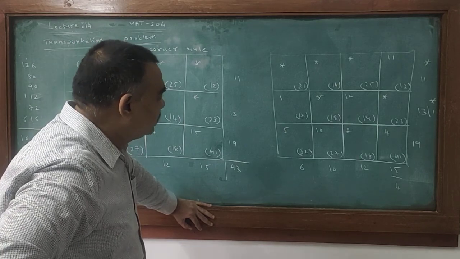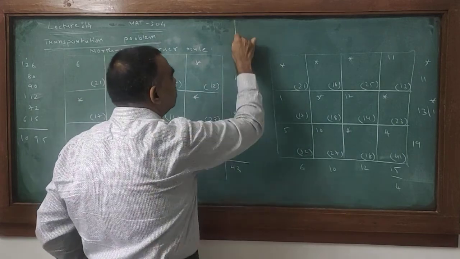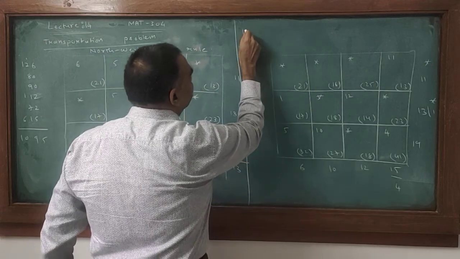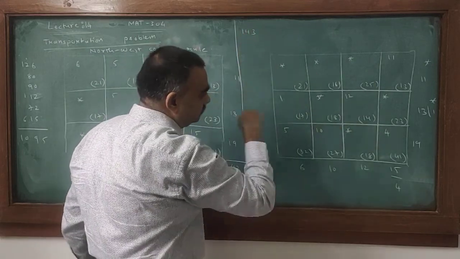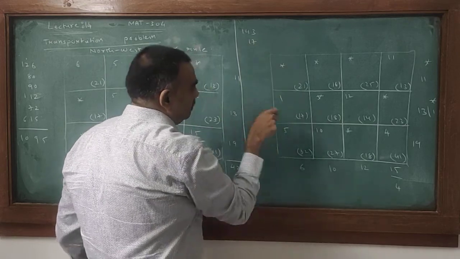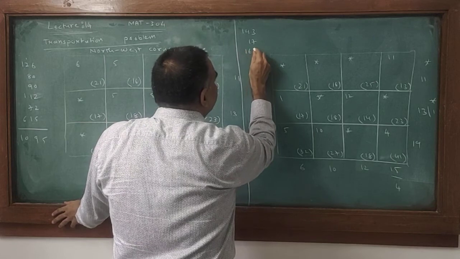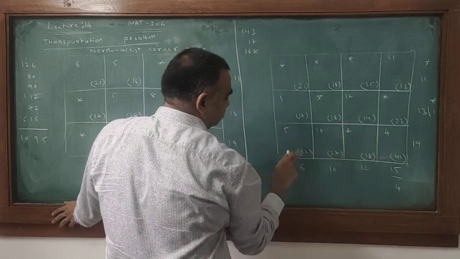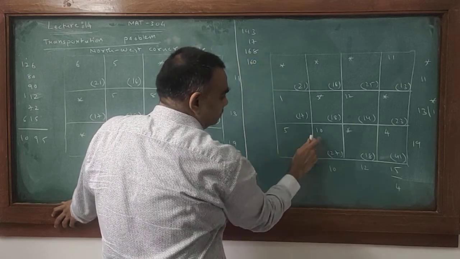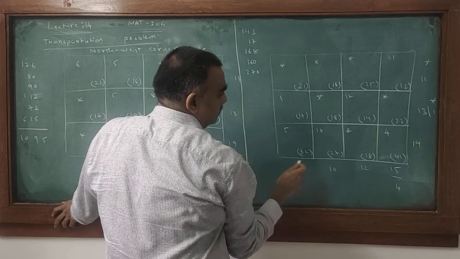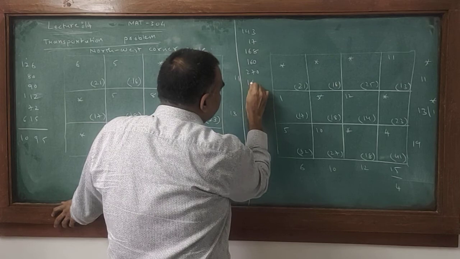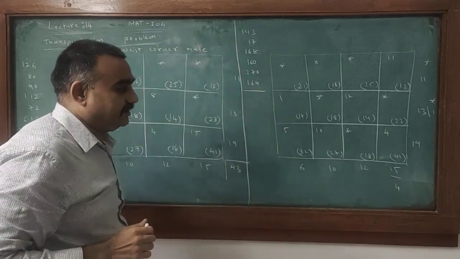The cost of transportation by this method, let's calculate: 13 into 11, 143, 17 into 10, 140, 168, 160, 270, and 41 into 4, that is 164.